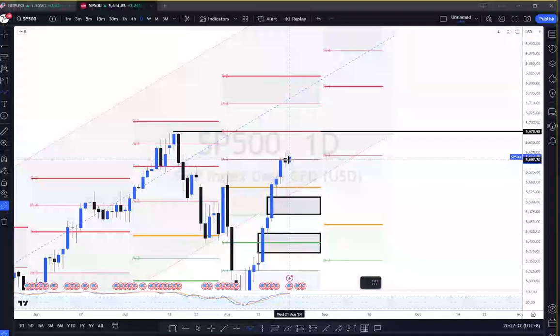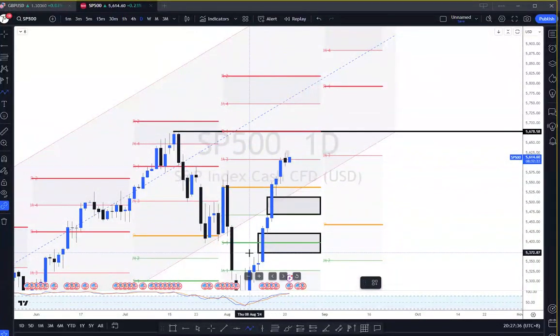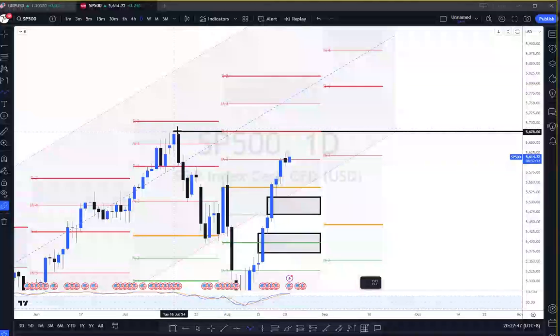What I mean by that is that there are people who are targeting this high, but there are people who have taken an open position, so they bought and they are letting their winners run. So for us to actually see this as a take profit zone, we need to see price creep up to this area.